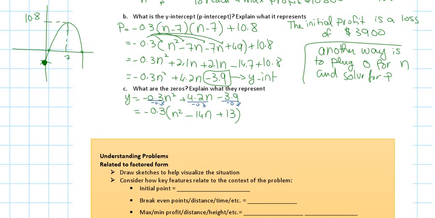I can factor this. What am I looking for? Sum and product. Multiply to what? Add to what? Multiply to 13. Add to negative 14.